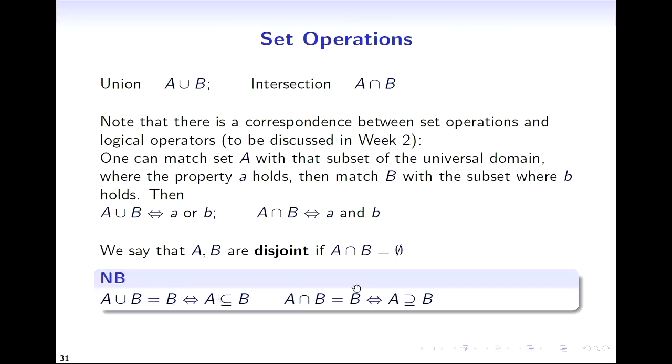And we have a symmetric condition for the intersection. If we know that the intersection of two sets equals one of the sets, then we know that that one set must be a subset of the other set. That is, by intersecting with A, you don't lose any elements, and that means that any element in B must also be in A. Otherwise, you would be, so to speak, losing this element.